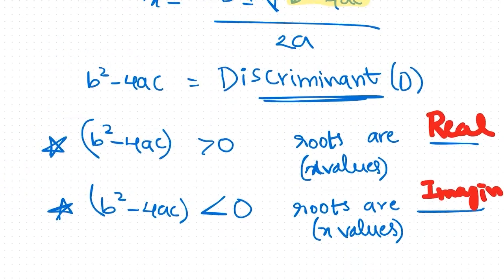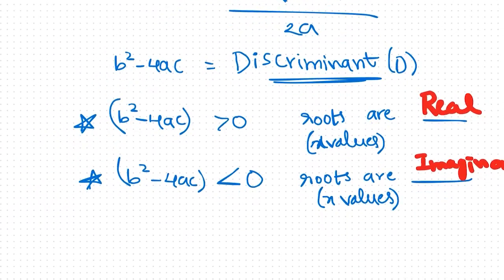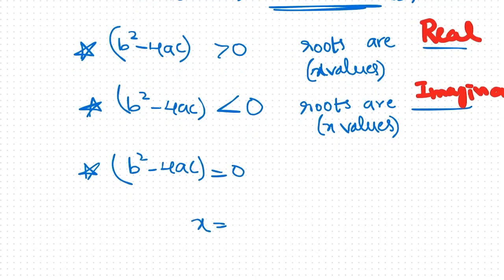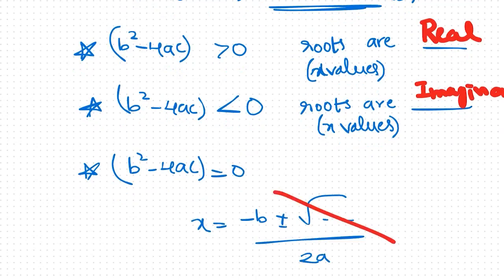What if it's equal to 0? The x value was minus b plus or minus root of something upon 2a. So if this value is 0, we get minus b by 2a.